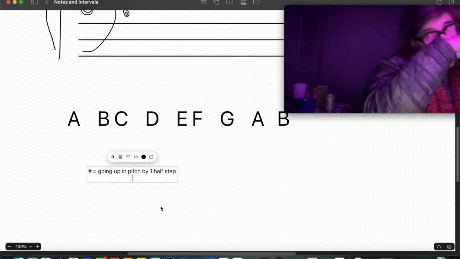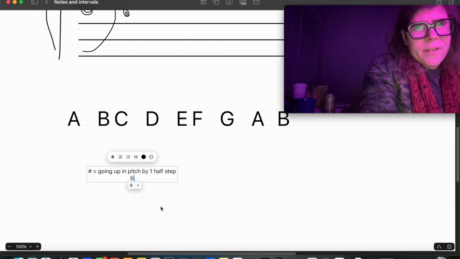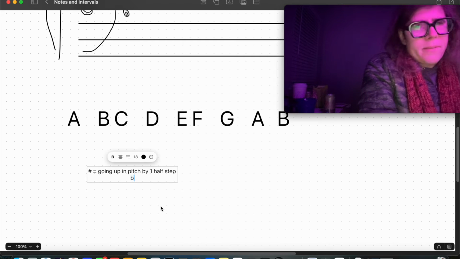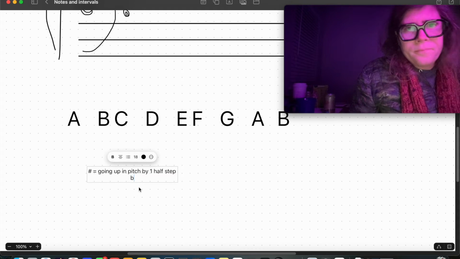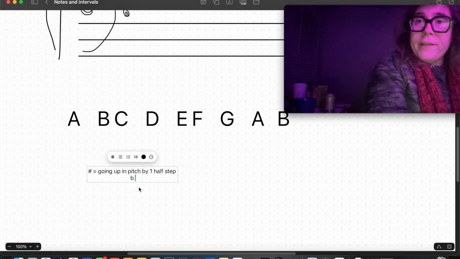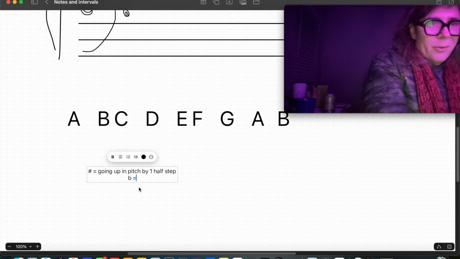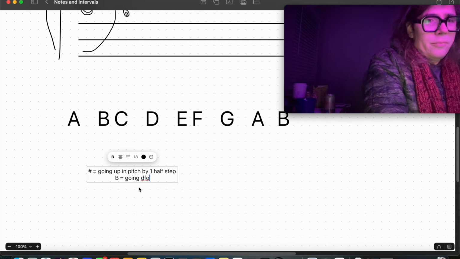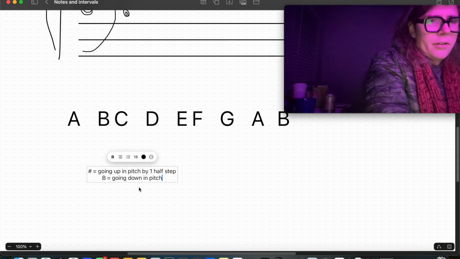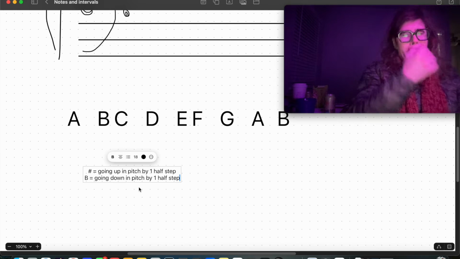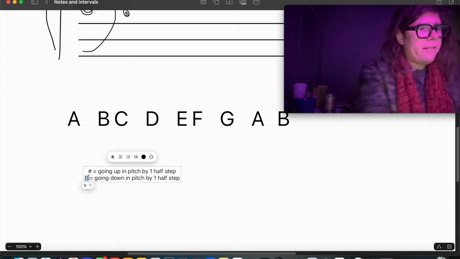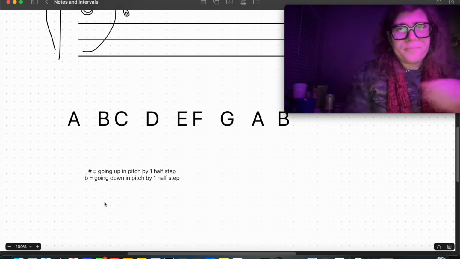If we have a flat, and I'm just going to represent this as a lowercase b, that's kind of what it looks like, it equals going down in pitch by 1/2 step. And I capitalized it. Don't do that. Okay.